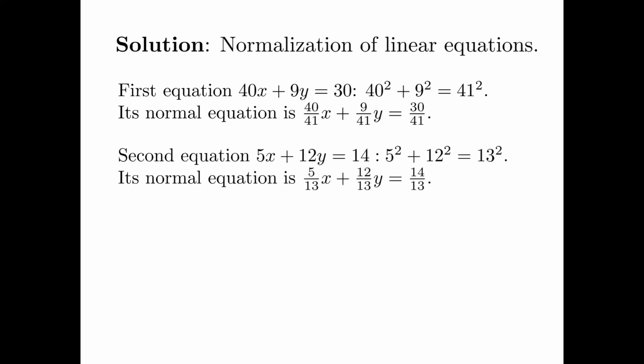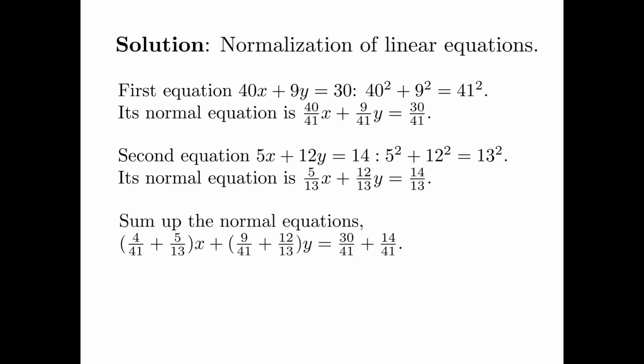And for the second equation, the norm is 13. So divided by 13, we get the normal equation for the second one. If you don't know the definition and the calculation of a normal linear equation, please watch my previous videos for details.